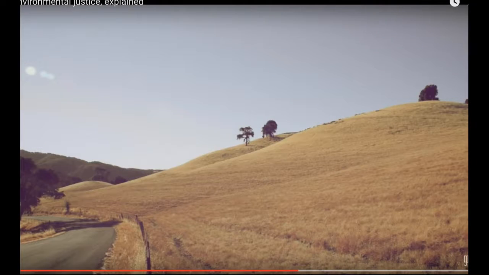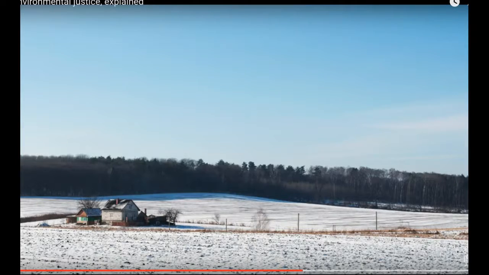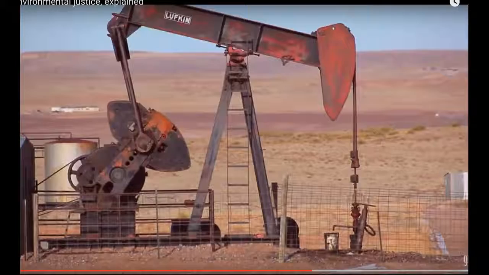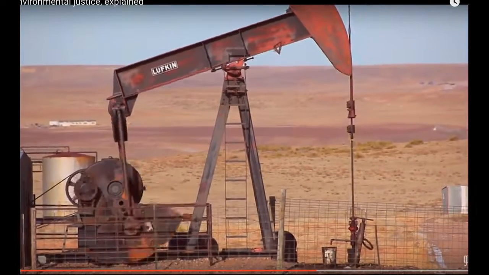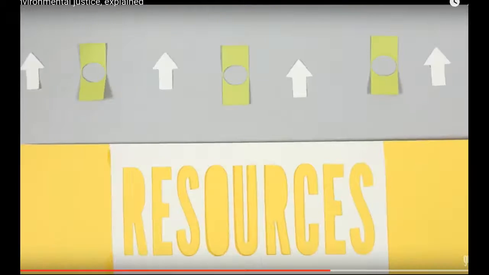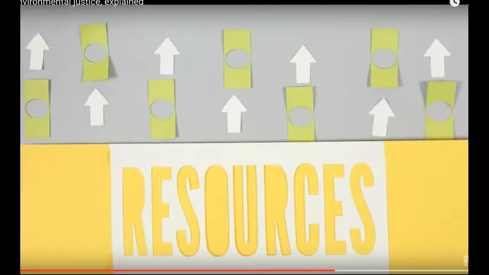This kind of inequity expands far beyond cities, too. Rural areas are full of commercially valuable resources like oil and coal, and they're also home to indigenous and low-income communities. But when those resources are extracted, those communities don't see any of the money, and they end up with all the air and water contamination that's left over from the extraction.